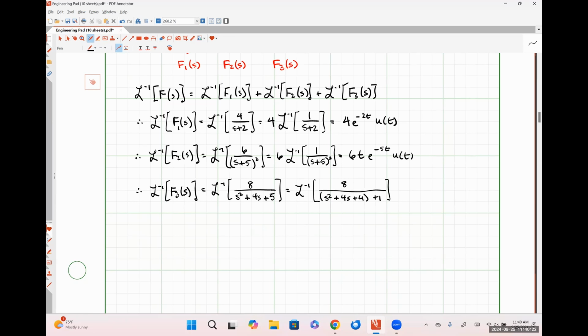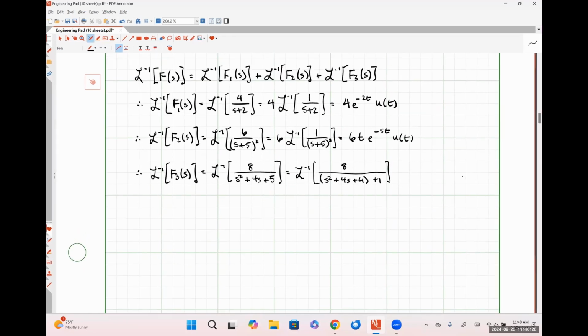This is nothing more than S plus 2 quantity squared. So I'm going to come down here. So this is the inverse Laplace transform of 8 over S plus 2 squared plus 1. Okay.